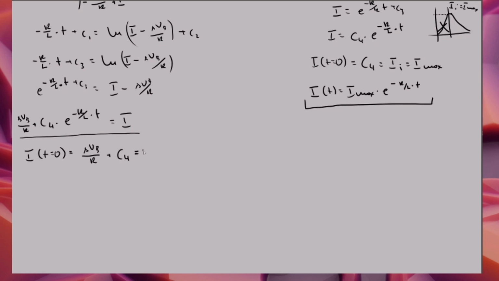But I know that the initial current is 0. So that implies that I already have an expression for C4, it's just minus voltage at the battery over R. And so in that sense, the expression for the current as a function of time becomes the voltage at the battery over R minus the voltage at the battery over R, e to the minus R over L t.